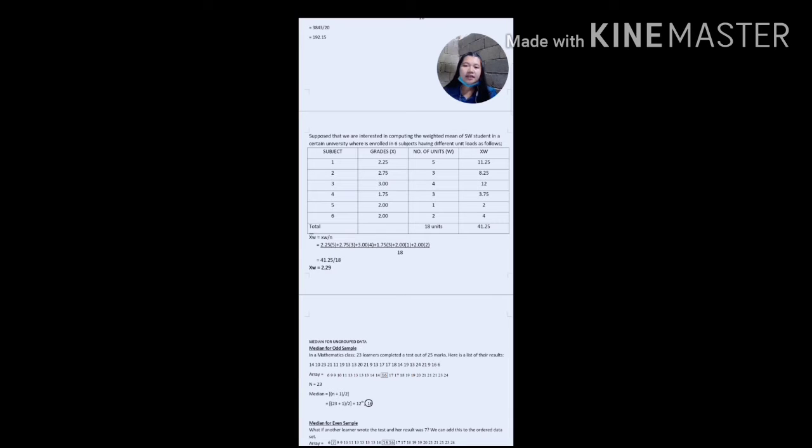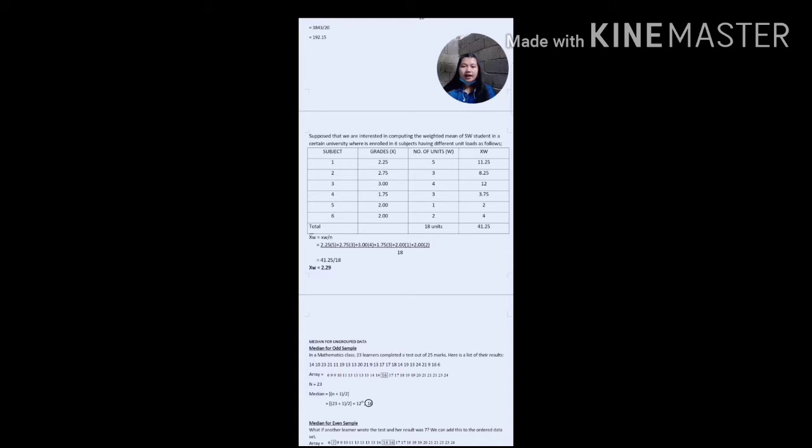For weighted mean, example, suppose that we are interested in computing the weighted mean of an SW student in a certain university who is enrolled in 6 subjects having different unit loads as follows. As you can see in the table, there are subjects, grades, and number of units.